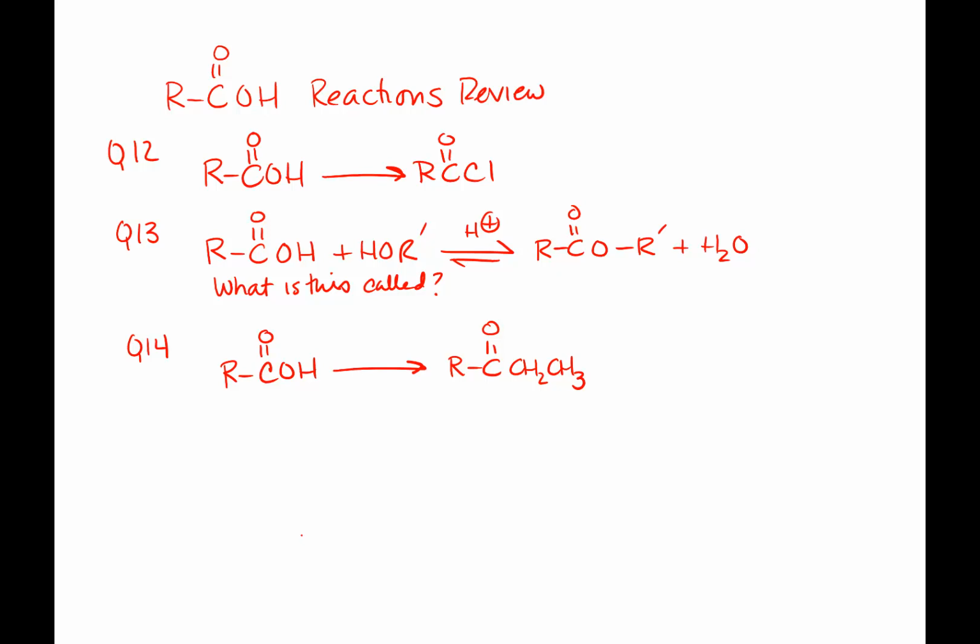with carboxylic acids, and more importantly, what is going to set up for chapter 25. And that's the following. I can convert a carboxylic acid into what is called a carboxylic acid derivative.